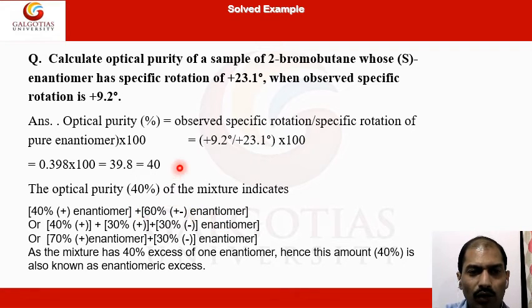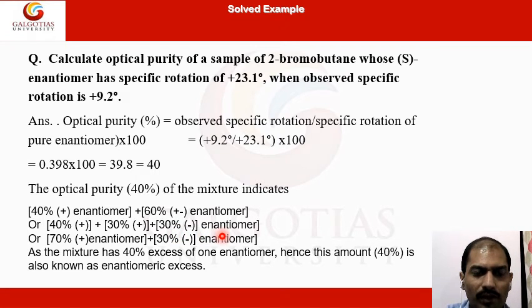and if it is only 40%, then obviously the remaining 60% will be a racemic mixture, in a mixture form. A racemic mixture means an equal proportion of one form and another form, plus and minus form, like in the older convention we designated D and L. In the new convention you can represent them as plus and minus.